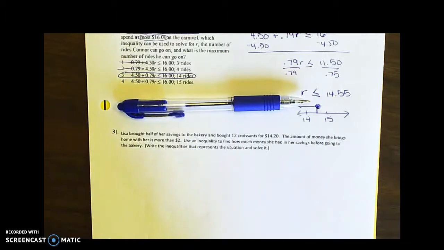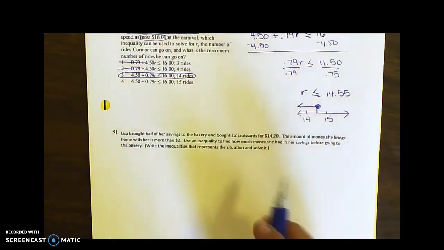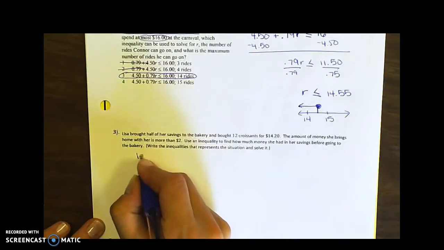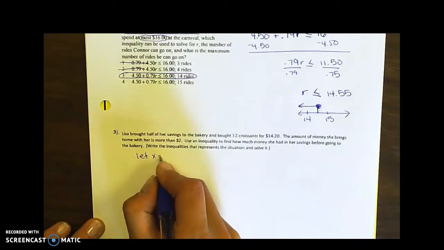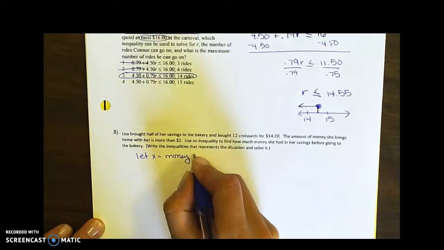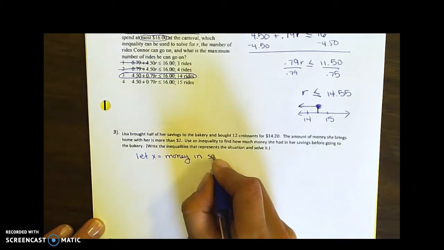Write the inequalities that represent the situation and solve it. Okay, so let's think, what's the main idea? Well, the main idea is we want to find out how much money she has in her savings before she goes. So I'm going to say let X equal the money in savings.